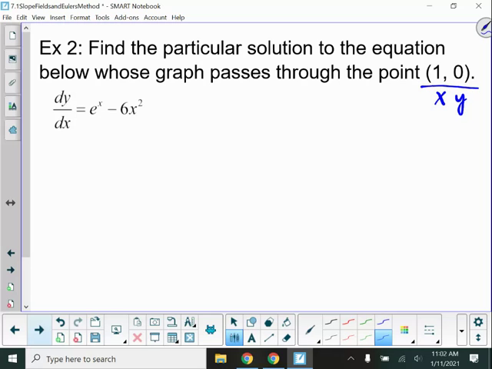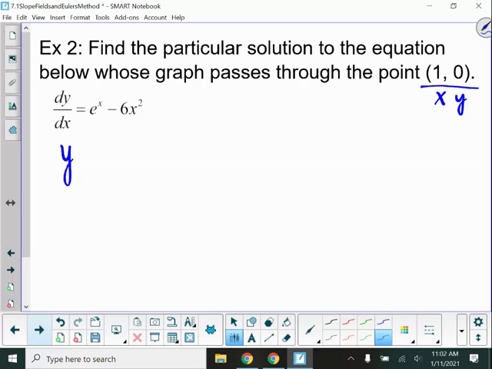So I'm going to use the same process that I did for the previous question, but instead of just leaving my c on the end, I'm actually going to plug in for my x and my y with 1 and 0 respectively, and I'm going to solve for the c. And I think we actually did this back in chapter 4 in a few places. So this is something we have looked at before.